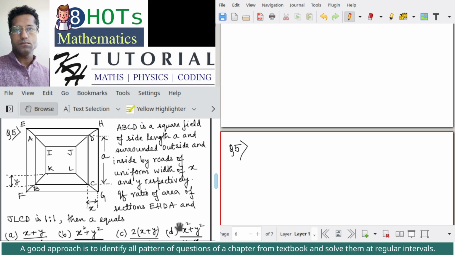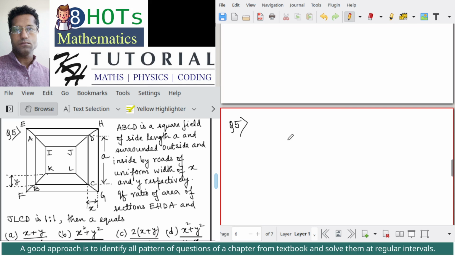Okay, so ABCD is the square field, and outside it there is a road surrounding the field with a uniform width of X, and the inside of the square field is also surrounded by another road of width Y. If the ratio of the areas of sections EHDA and JLCD is 1:1, then A equals.